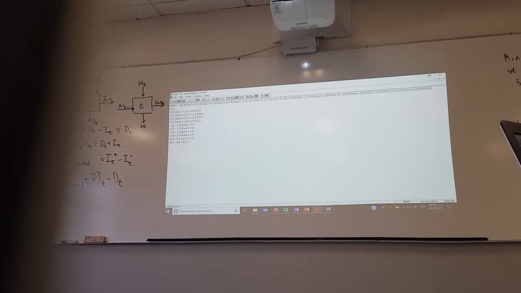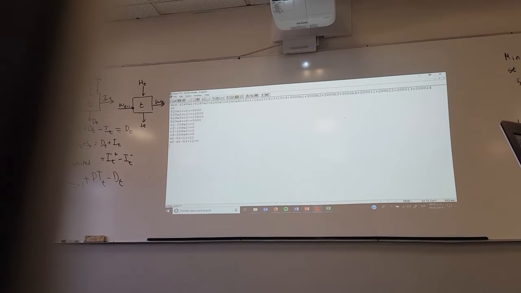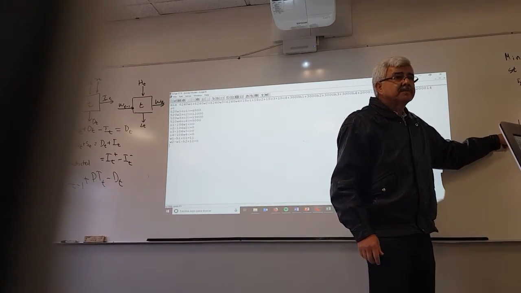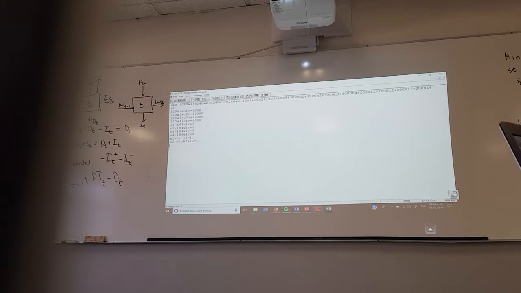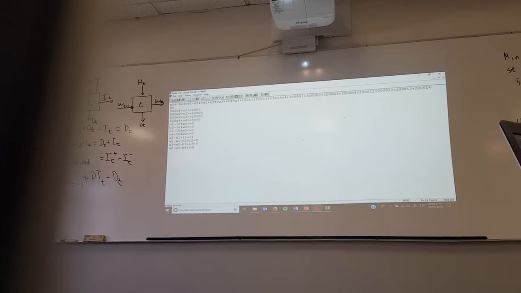Not right. Minus H2 plus L2 equal to 0. So here, I'm just trying to write this equation. W3 minus W2 minus H3 plus L3 equal to 0. And the last one, W4 minus W3 minus H4 plus L4 equal to 0.